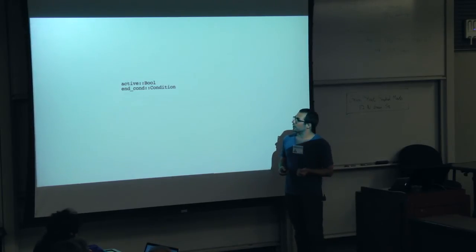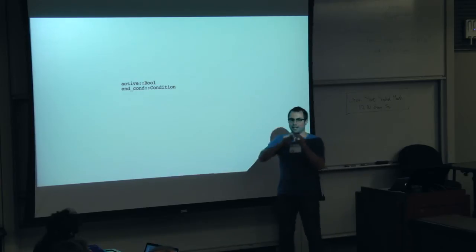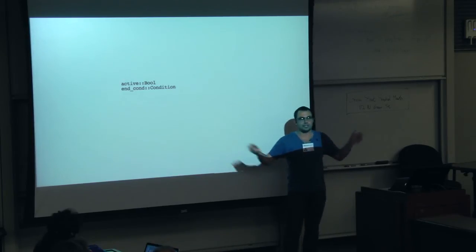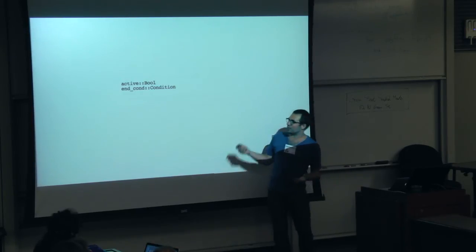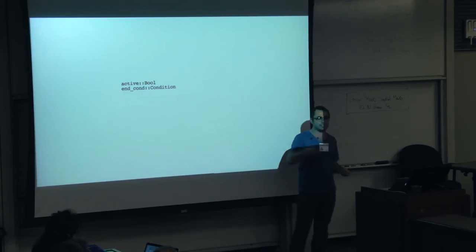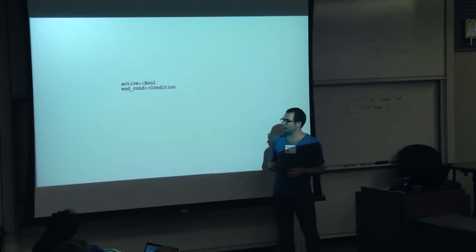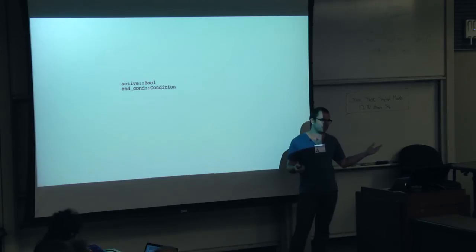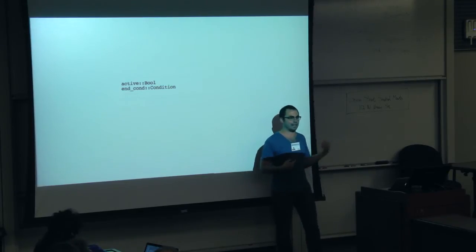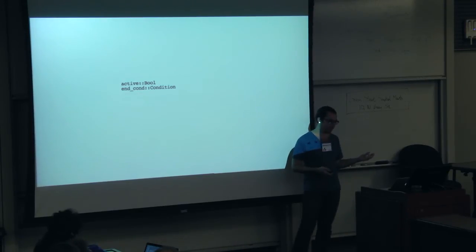Originally I just added active to all of my audio nodes, and then I had to add this end condition, and I thought, oh crap, this is a pain. Say somebody else, in some other library that uses AudioIO, wants to make their own UGens. I don't want them to have to add new fields every time I add a new field to the base case.